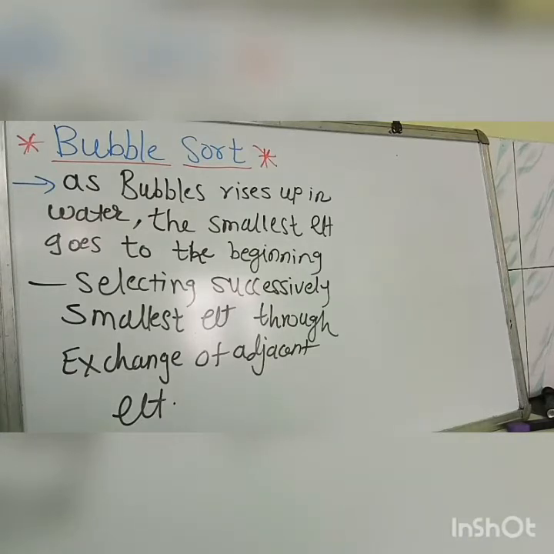What does it actually do in this method? By selecting successively the smallest elements through exchange of adjacent elements, it will complete its whole work. This is the idea about the bubble sorting technique.